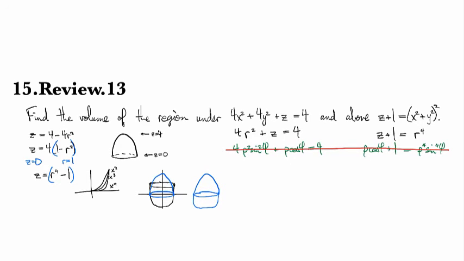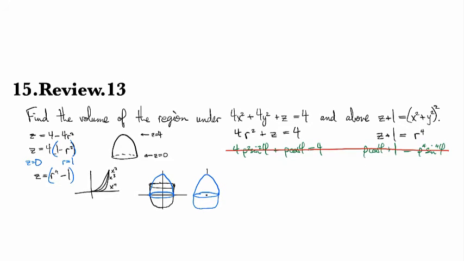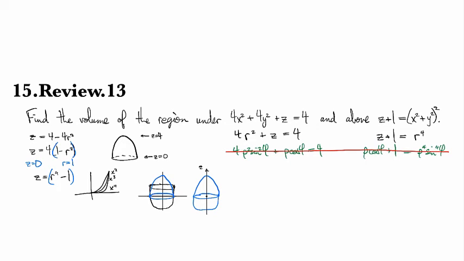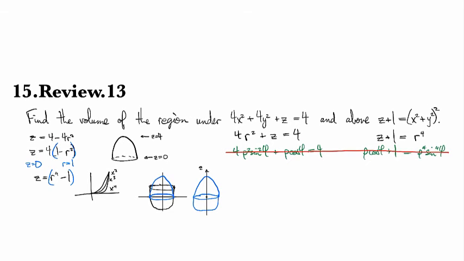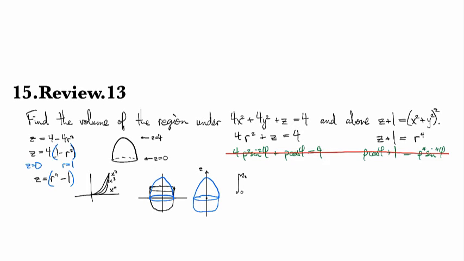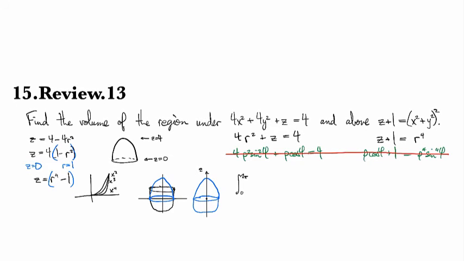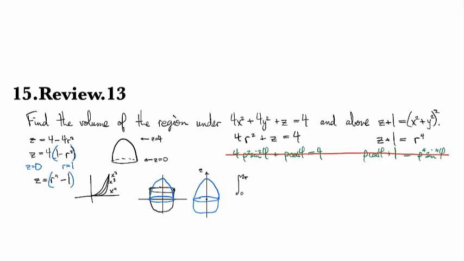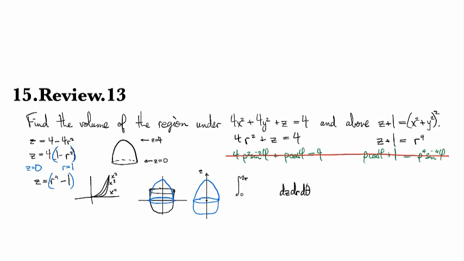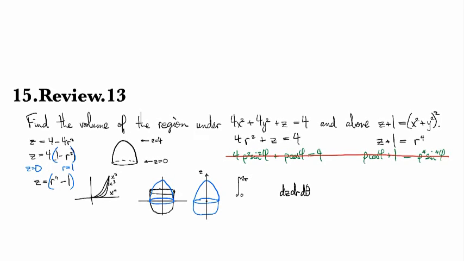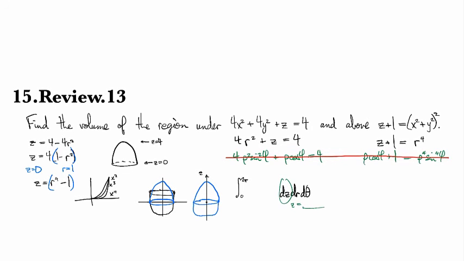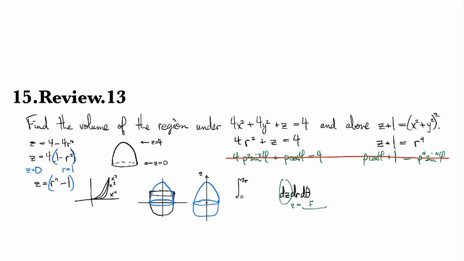All right, so let's set this up. We're going to be doing this one with cylindrical coordinates around the z-axis. It's a full spin all the way around, so we have 0 to 2 pi for our theta. And then I'm going to do this one dz, dr, d theta, because that means I'm going to be setting up the z bounds in the form z equals some function of r.